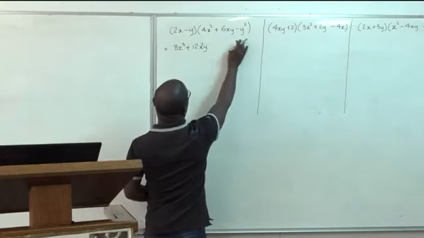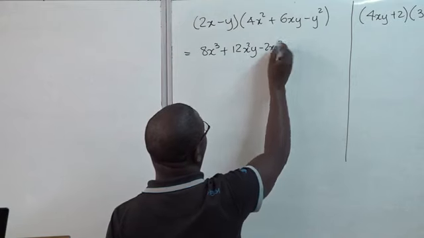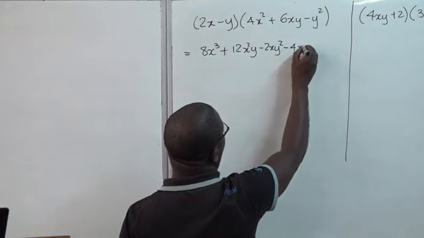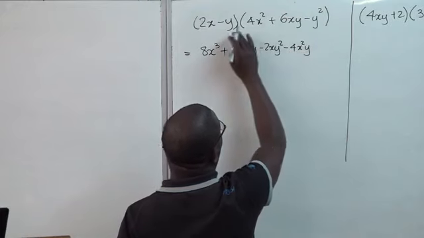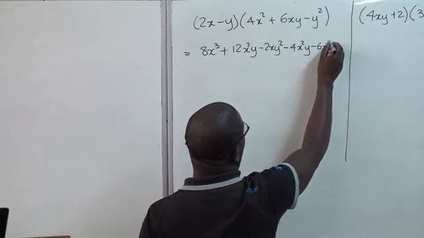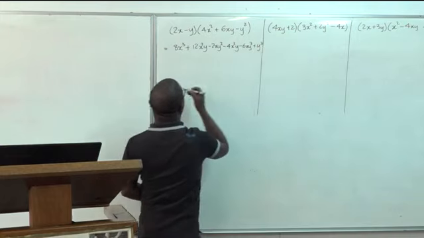And then that times that gives us minus 2xy squared. We move on to the y, it becomes minus 4x squared y, negative and positive becomes negative 6xy squared, and then plus y cubed.